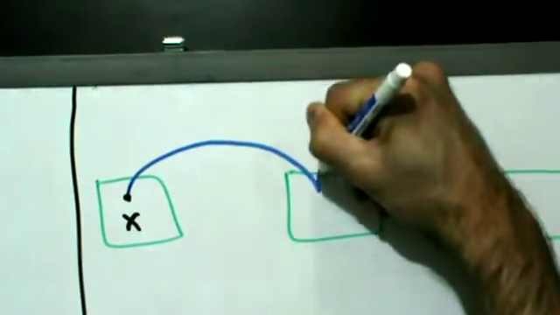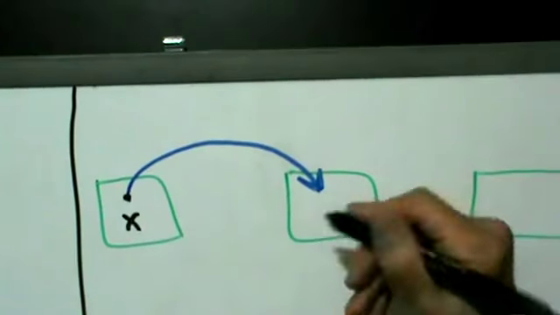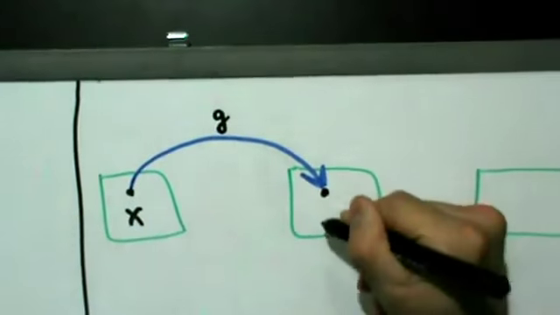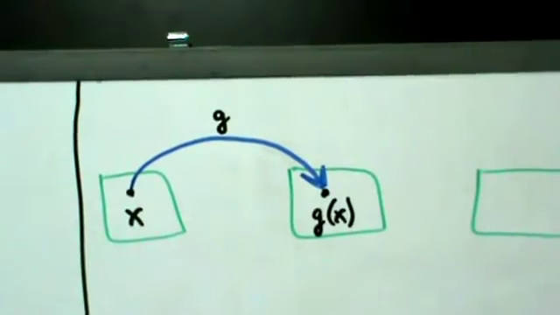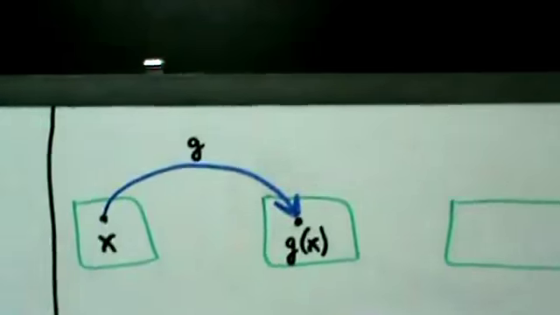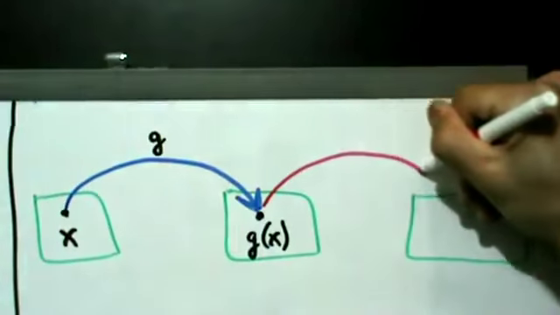So all we're doing here is just drawing a picture of what's going on the other side. So this is g. That's going to take this to g of x. And what happened next, once we had g of x, we applied f to that, right? So then we do f of g of x. So then we have another arrow over here going to this box.